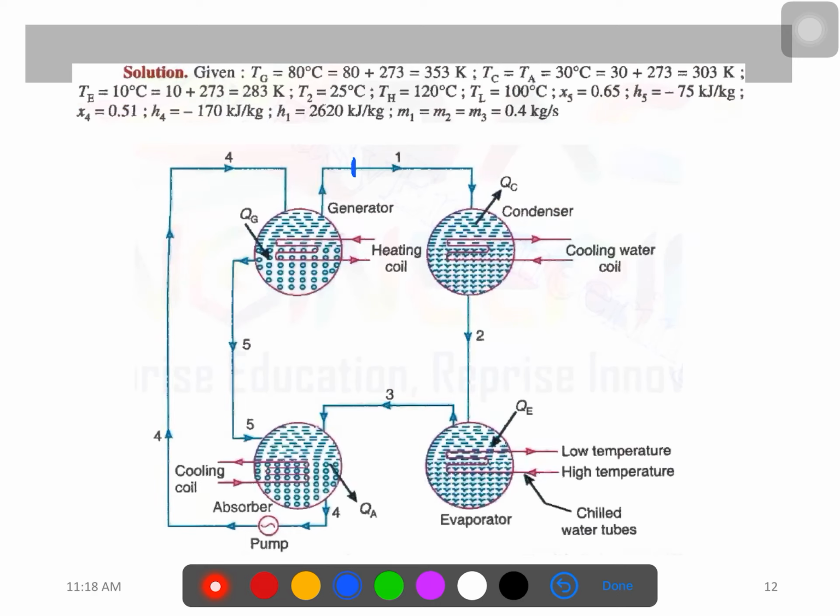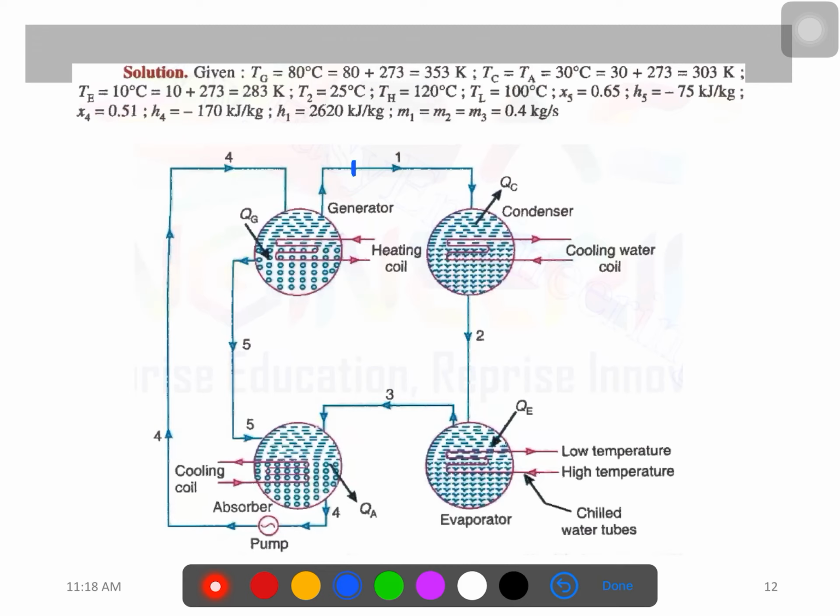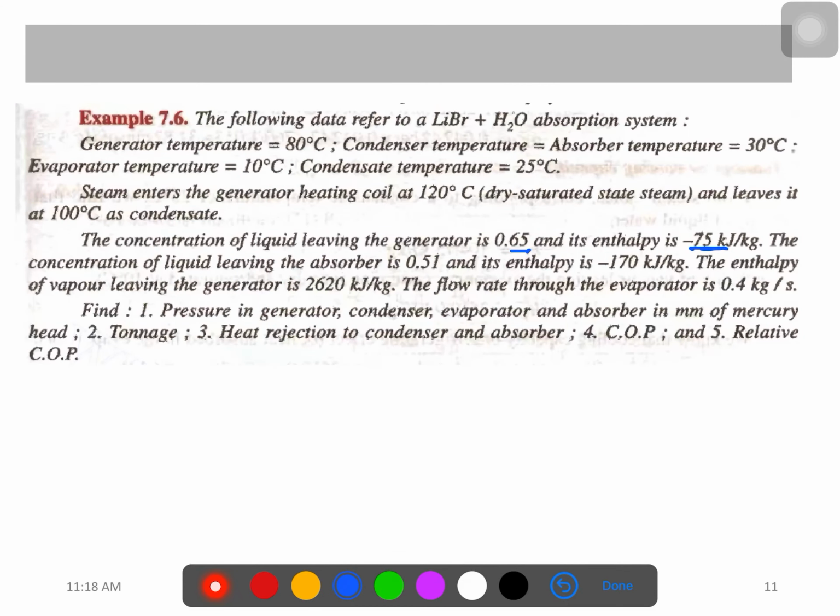Leaving the generator, this is the point where you have the concentration of the liquid leaving. So the liquid going from the generator goes to this point here. So here the concentration is 0.65 and enthalpy is 75 kilojoule per kg, given to you. That is the concentration and enthalpy. The concentration of the liquid leaving the absorber is 0.51, and its enthalpy is -70.